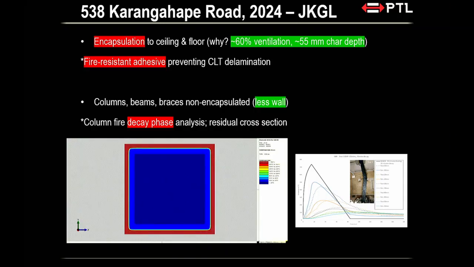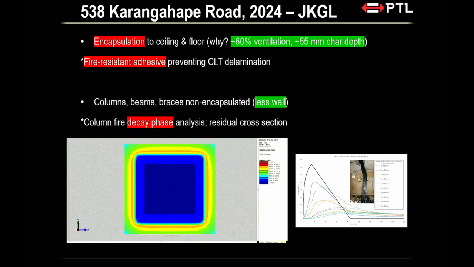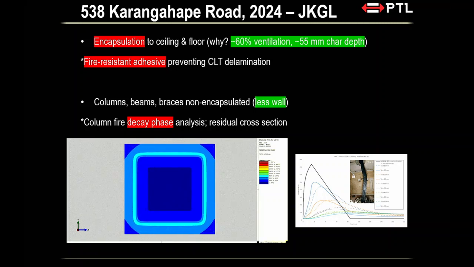So again, I'm trying to answer the gentleman's question about how much ventilation I was allowed for this particular calculation. I can tell you that I break 60% of the window. All right? Sounds like a lot of hot gas is going out, but that's still not enough. I have about 55 mil of char depth. Now, if you know your lamella thickness well, I'm now in the second layer, which means I moved past the first glue line already.